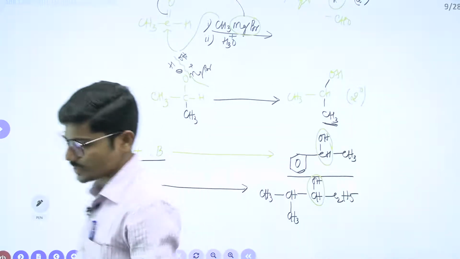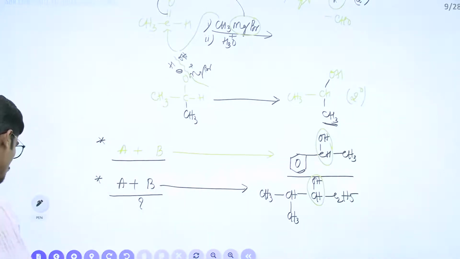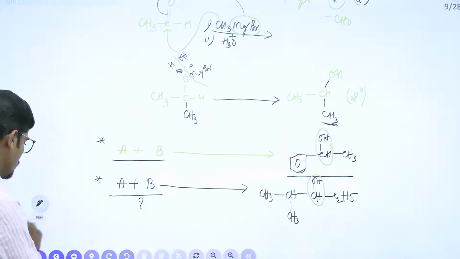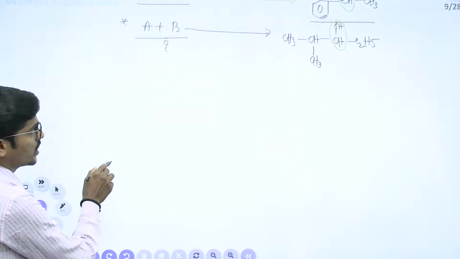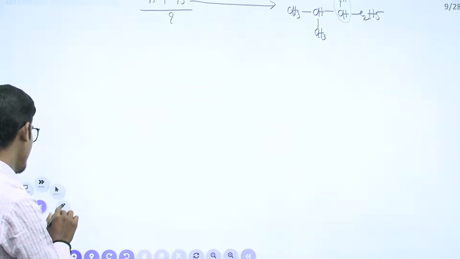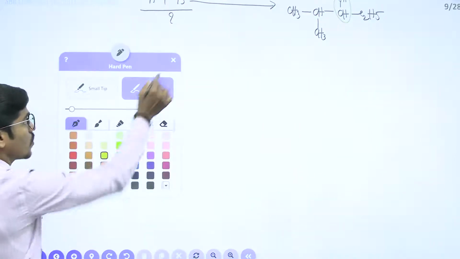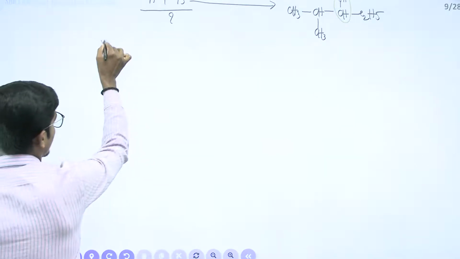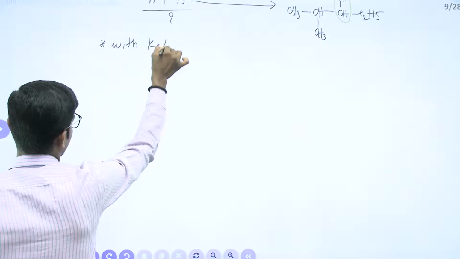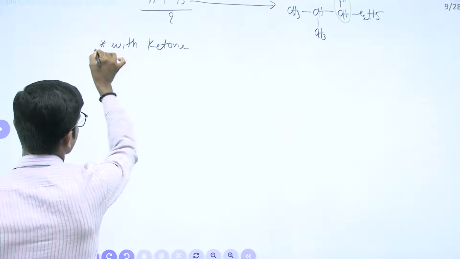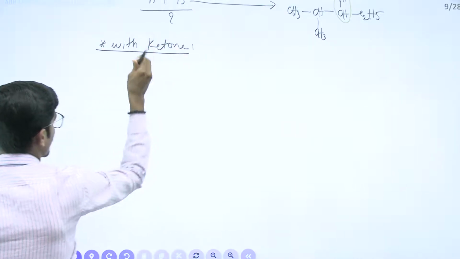Now the third one, to get tertiary alcohol. So when Grignard reagent is treated with aldehyde, we are getting primary and secondary alcohols. When Grignard reagent is treated with ketone, it gives rise to the tertiary alcohol. Look at this.